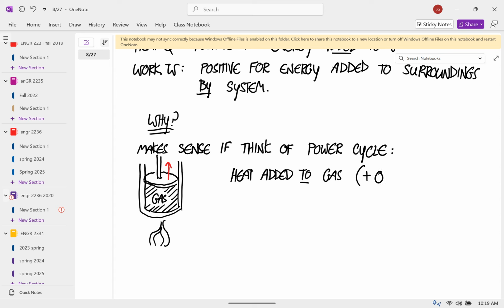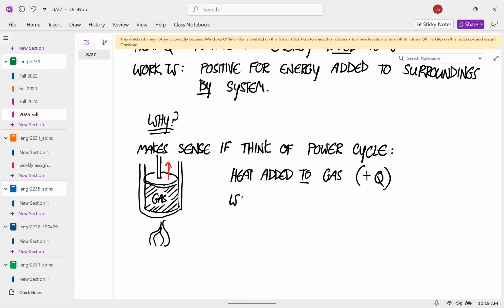In other words, Q is positive. And then the result of adding heat to the gas is that work is done by the gas. And so that W is positive.